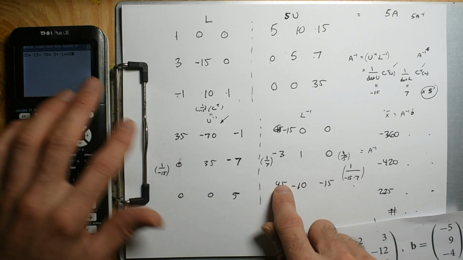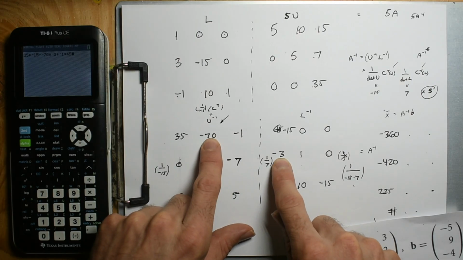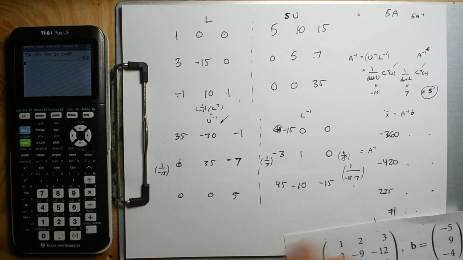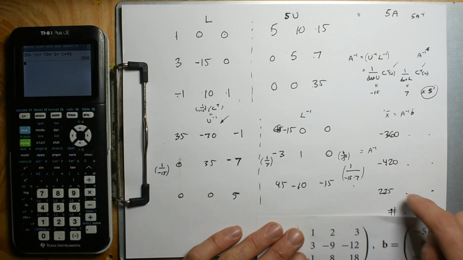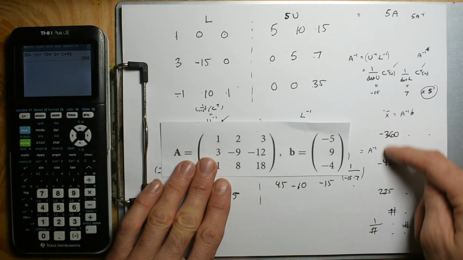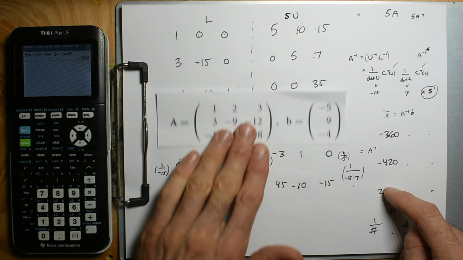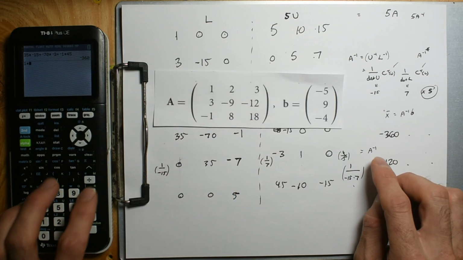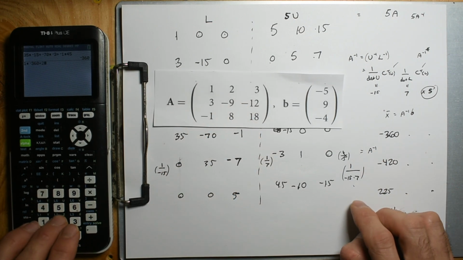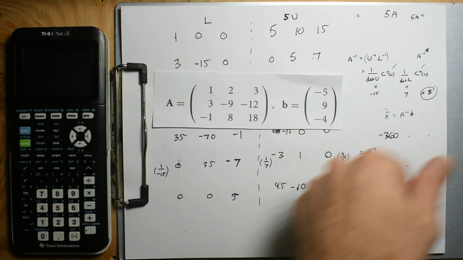I'm just going to double check the values visually. Cool. And that's negative 360. Now everything else checks out. And if that was inverse A, and we were multiplying by this, I would have 1 times negative 360 plus 2 times negative 4.